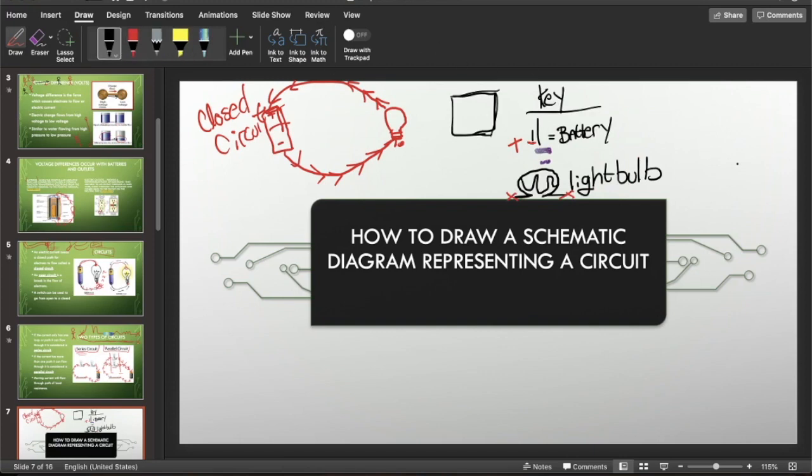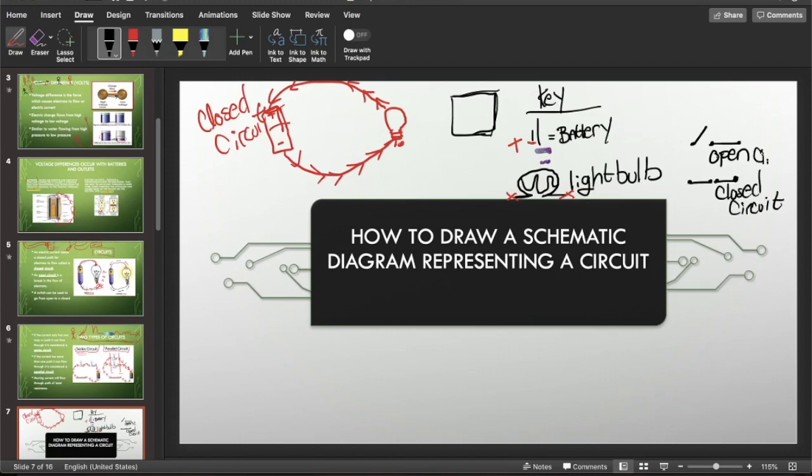And last but not least, we represent an open and closed circuit by either having this symbol right here, which signifies an open circuit, and these two together like that, representing my closed circuit.